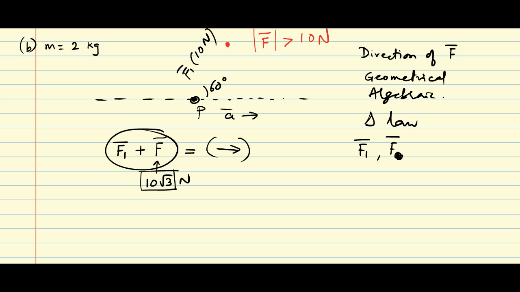And what other things do I know about F bar? I know that it must start at this red dot and it must end on the dotted horizontal line.